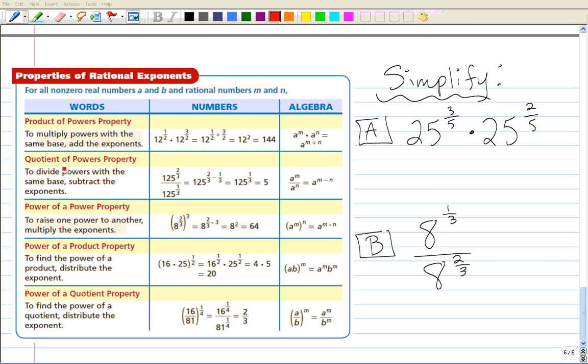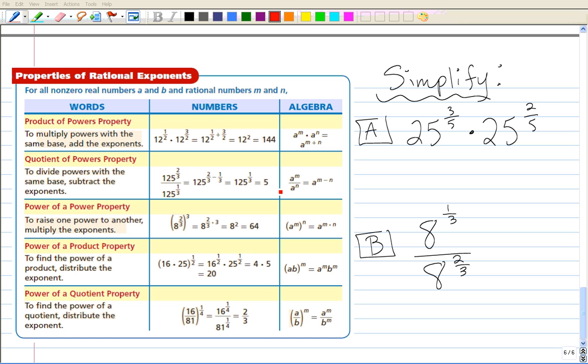The quotient of powers property is the same way, except when we are dividing like bases, instead of adding the exponents, we'll subtract them. So 25 to the 2/3 divided by 25 to the 1/3 is equal to 25 to the power of 2/3 minus 1/3. Well, 2/3 minus 1/3 is just 1/3. And 25 to the 1/3 power, the cube root, remember it's the same thing as the cube root of 125, is equal to 5.